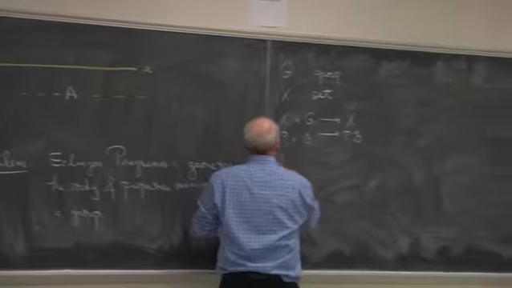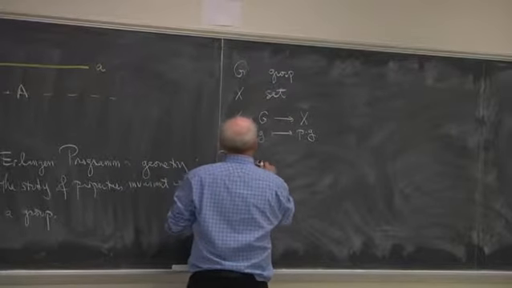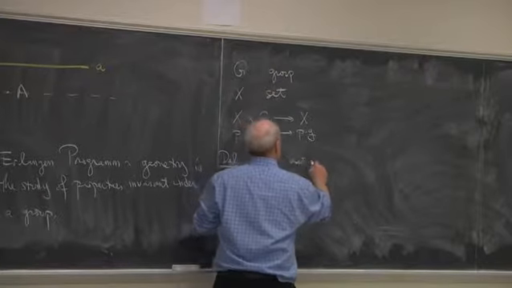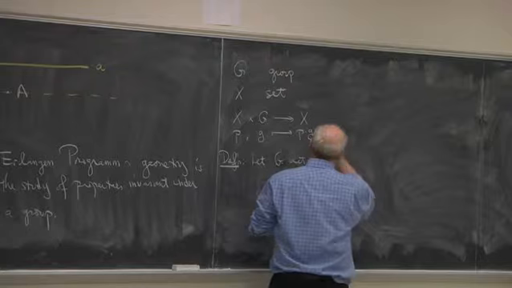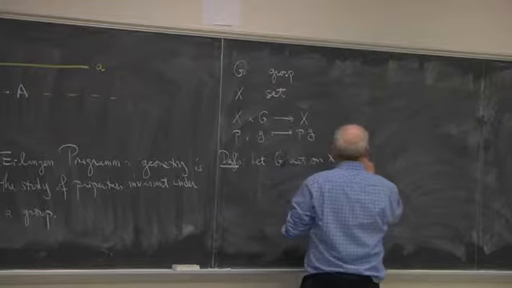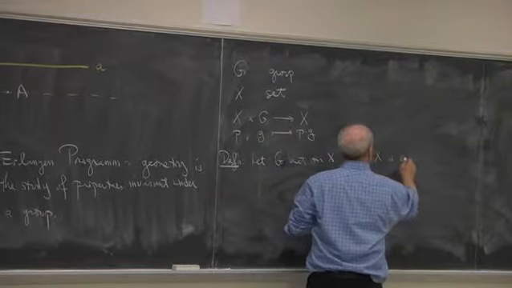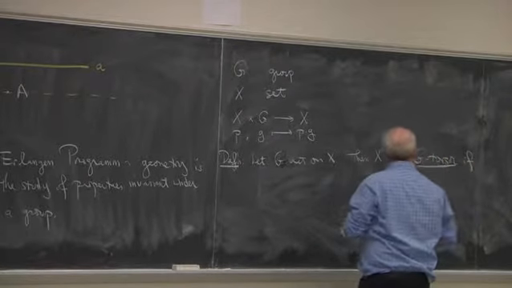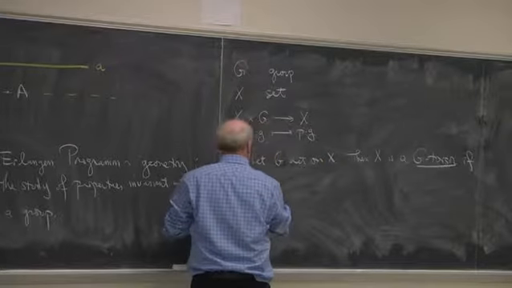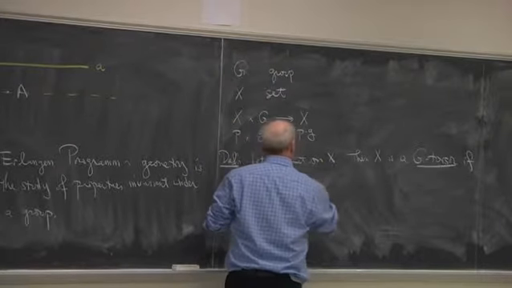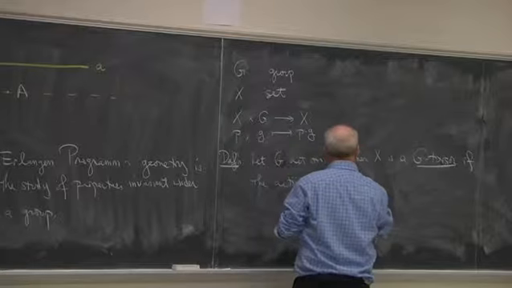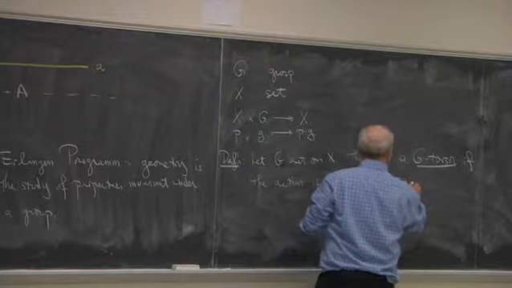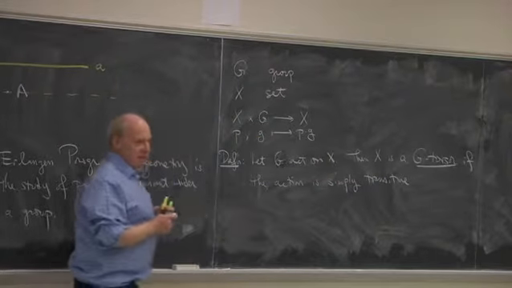And so here's the definition. Let G act on X. I made it a right action. Then X is a G-torsor. So here's a new word, potentially a new word, if the action is simply transitive. So what does simply transitive mean?